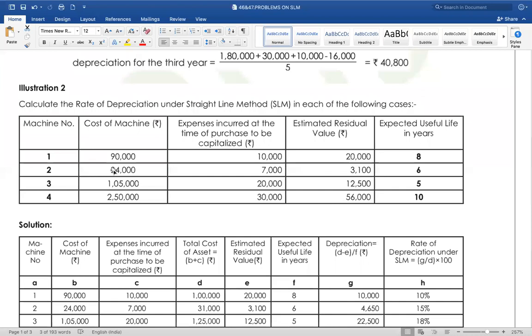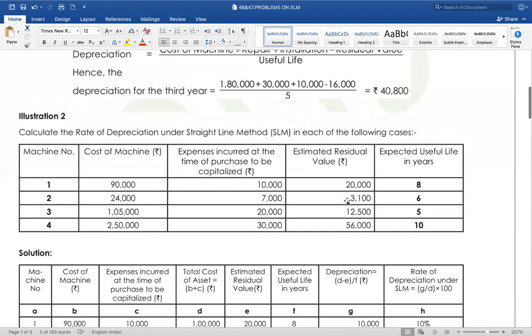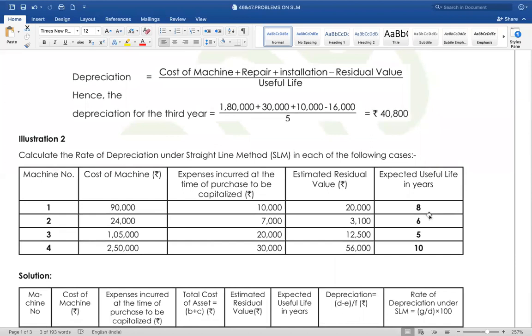Similarly, machine 2: 24,000 is the cost, expenses 7,000, the scrap value 3,100. Machine 3: the cost is 1,05,000, expenses 20,000, scrap value 12,500. Machine 4: 2,50,000 is the cost, expenses 30,000, scrap value 56,000. And the useful life of the respective machines from 1 to 4 are 8, 6, 5, and 10.